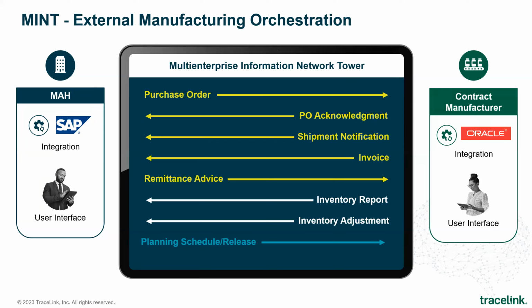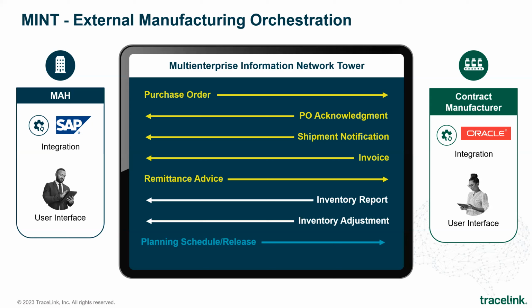But you have purchase orders, you have purchase order acknowledgements. When the CMO ships, you get ship notifications, you get the invoice. You have the remittance coming back, and then there's information about inventory adjustments. The MAHs could share their planning schedules or forecasts, right?